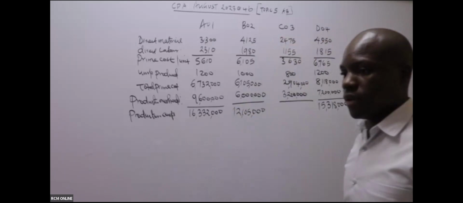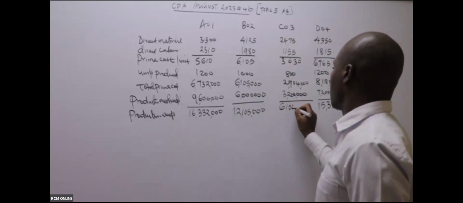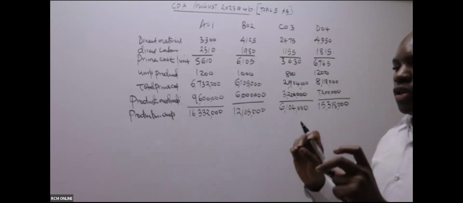And for C3, 6,104. So that is the total production cost.